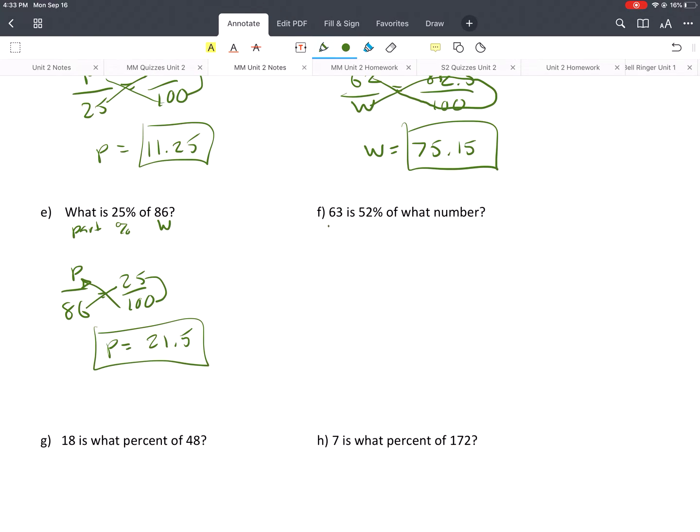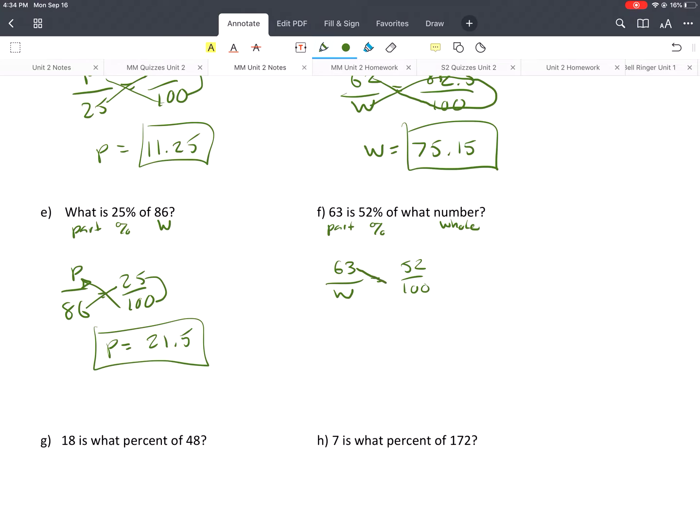63 is, so that would be our part. This would be our percentage, and we want to find the whole. So we have 63 over W equals 52 over 100.